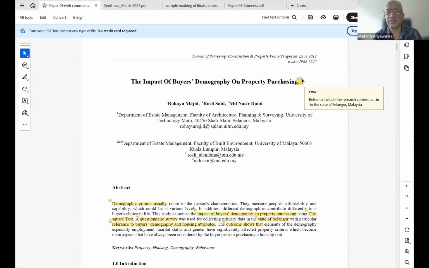So it is better. It is not compulsory. If the context is included, the reader can easily understand, right? In which context, in which field, to whom the result or the finding will directly provide benefit, where the particular problem is available, with whom the data has been collected, what particular community or socio-political background, right?